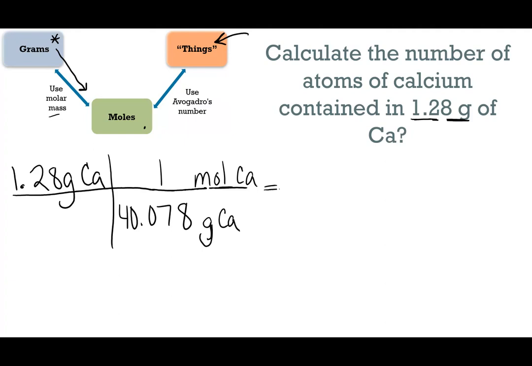Okay. Multiply across the top, divide by the bottom. So 1.28 times 1 divided by 40.078. And my calculator spits out.